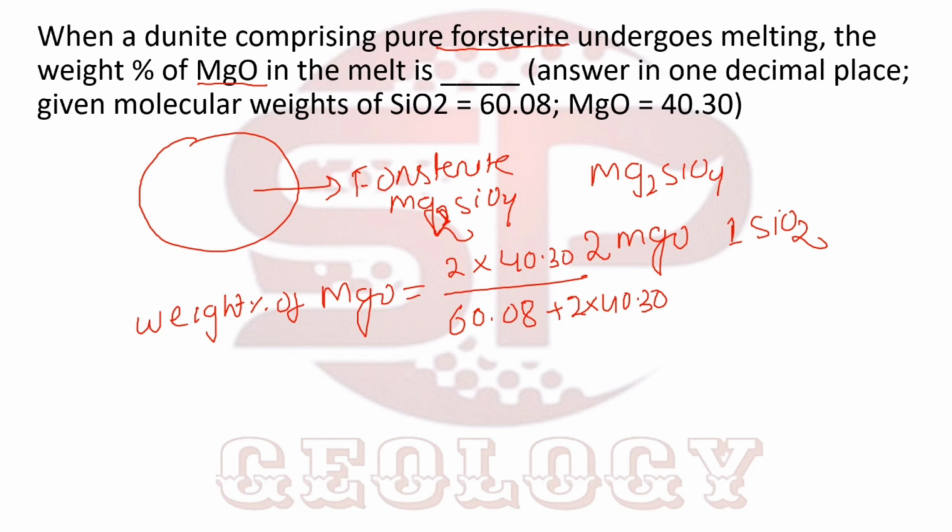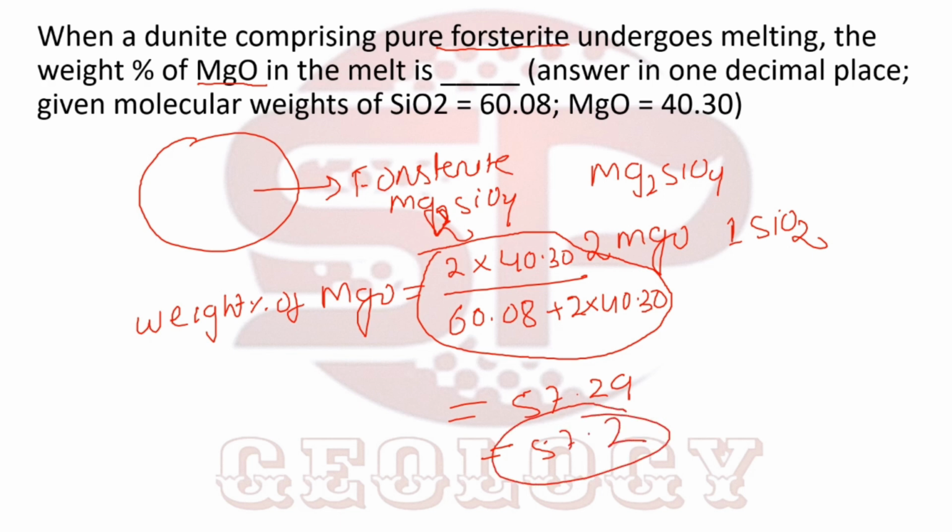So it is the weight of MgO present in forsterite divided by the total weight of forsterite. So it will be 57.29. The answer has to be given in one decimal, so it will be 57.2.